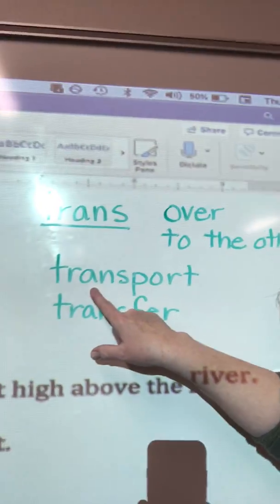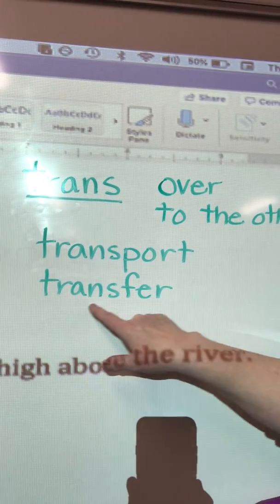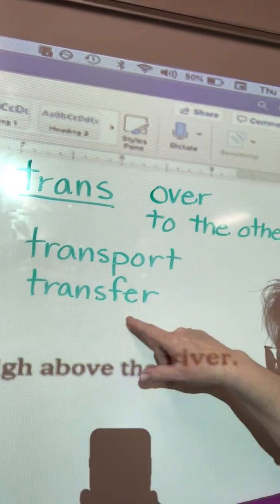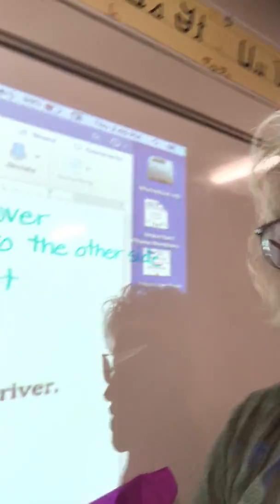So we're going to transfer action to something in these sentences with a direct object. You know something about this already. You know that transport carries something. If you transfer something, you move it. So remember, trans means over or to the other side.